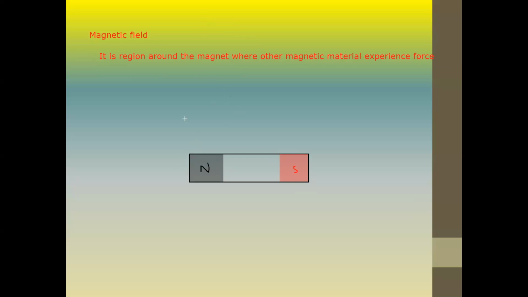If I place a magnet here nearby, which direction will this magnet move, towards or away, if I bring a north pole towards another north pole? Like poles repel each other, so this will move away.